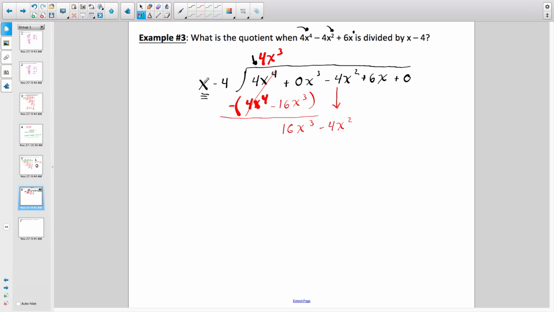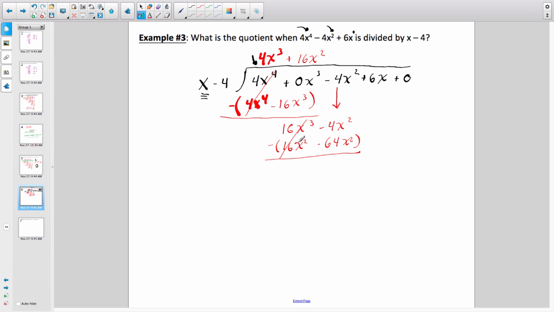How do you get from x to 16x cubed? I would say multiply by 16x squared. Okay, subtracting these, those go away.